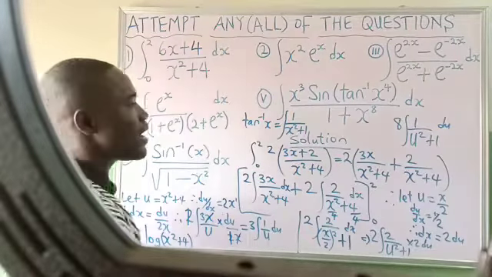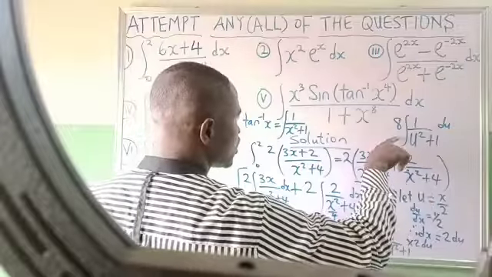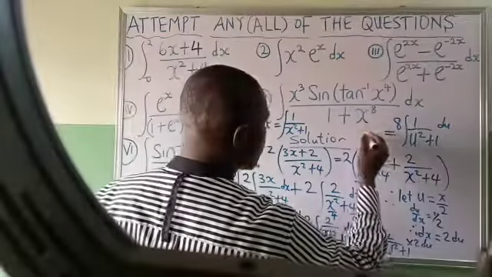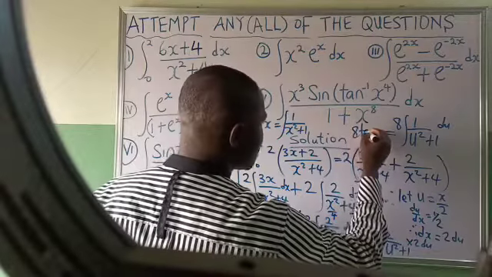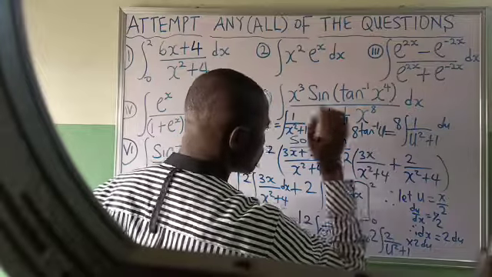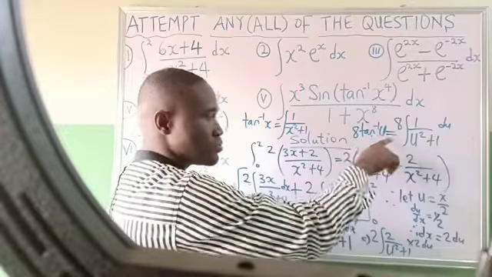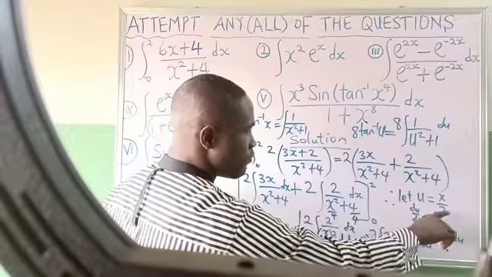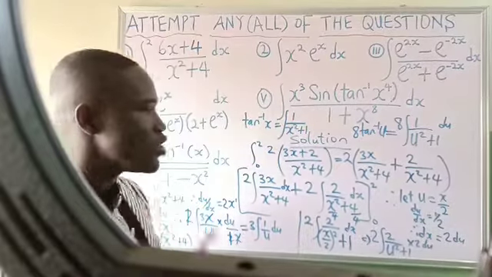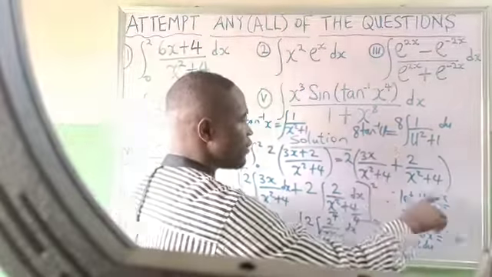So integration of this will give us 8 tan inverse of our u. And what is our u? Our u is x over 2.